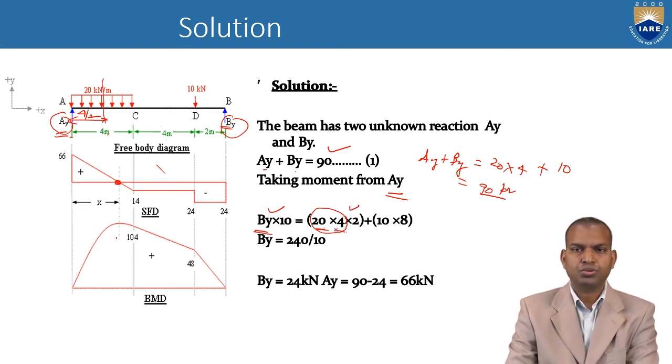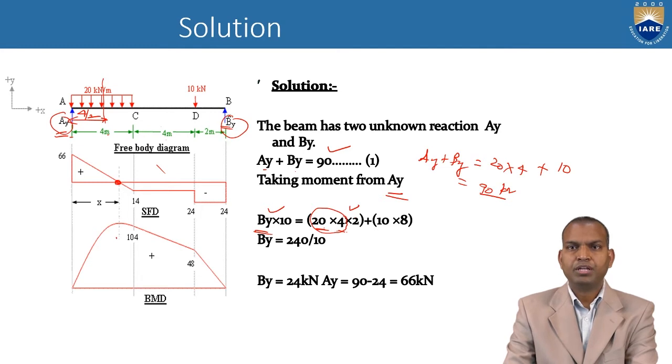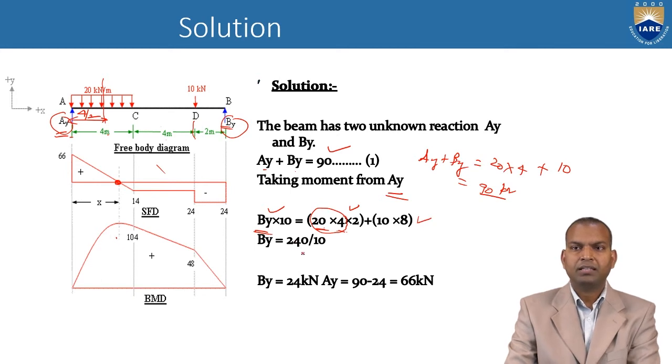Plus the concentrated point load, which is acting at a distance of 8 meters from point A: 10 into 8. That gives 240 divided by 10, which comes to 24. So the reaction By equals 24 kilonewtons. Substituting the By value in equation 1, we get the Ay value: Ay equals 90 minus 24, that is 66 kilonewtons.